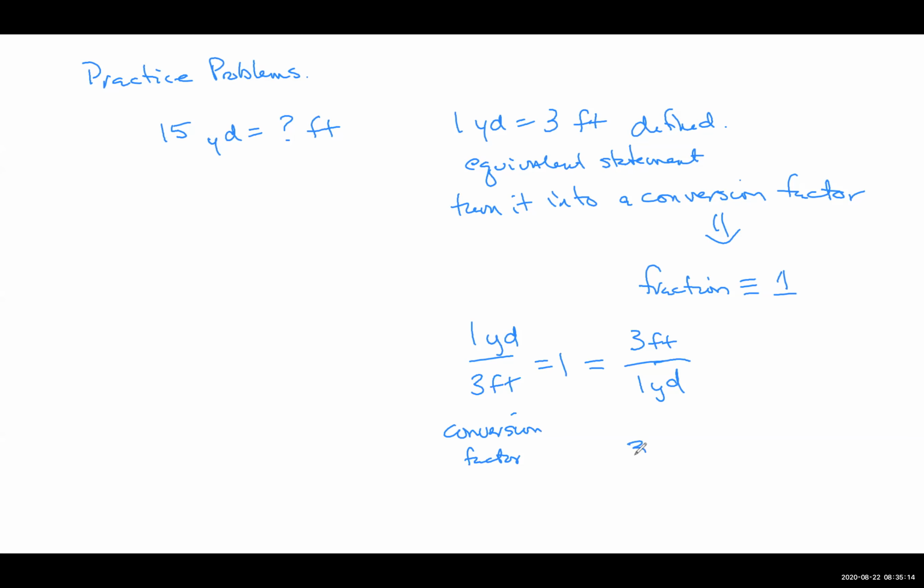That's the same as if I would have said 3 over 3 is equal to 1. Or I could have said 6 over 2 over 3 is equal to 1. Even though 6 over 2 doesn't exactly look like 3, you know that 6 over 2 is equal to 3. And so as long as your numerator is the same as your denominator, it's equal to 1. So when you have an equivalent statement, you're saying that the 1 yard is equal or the same as 3 feet.